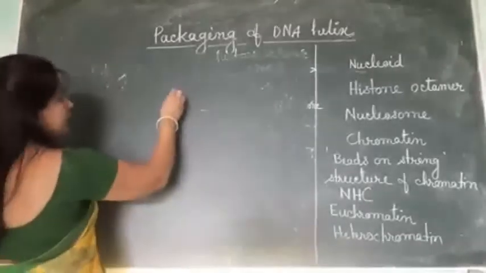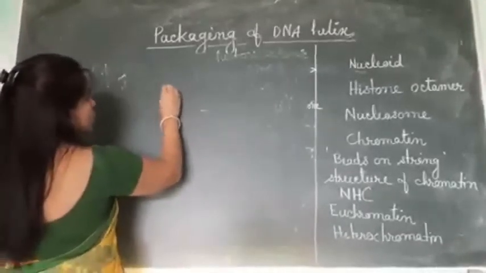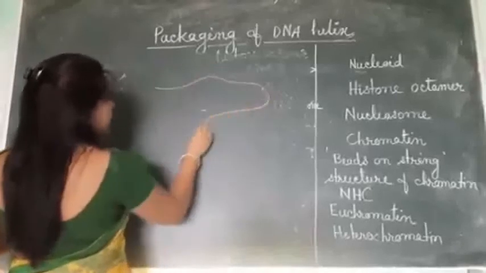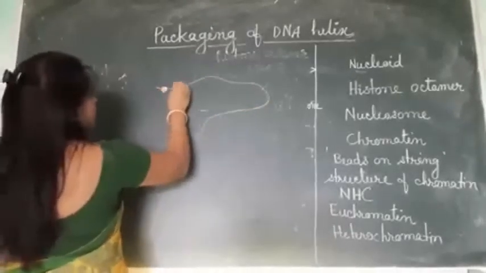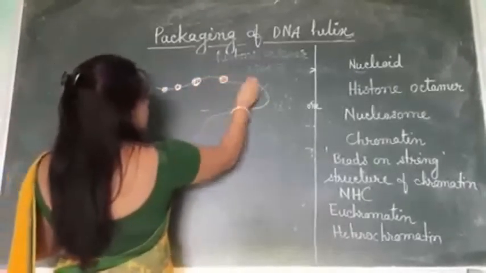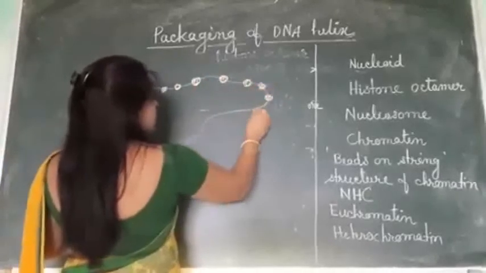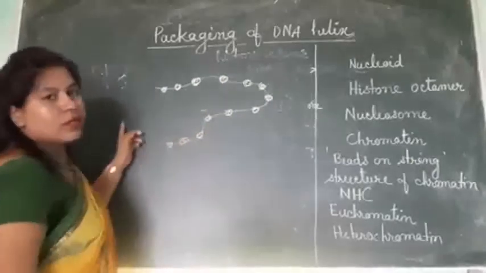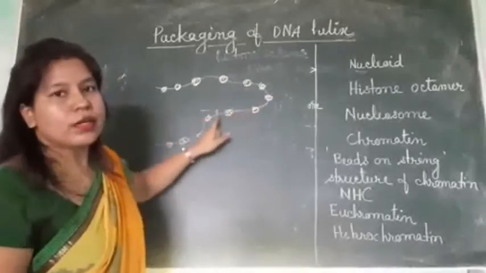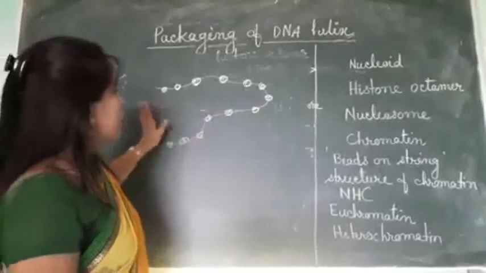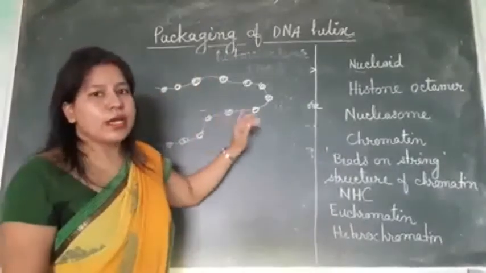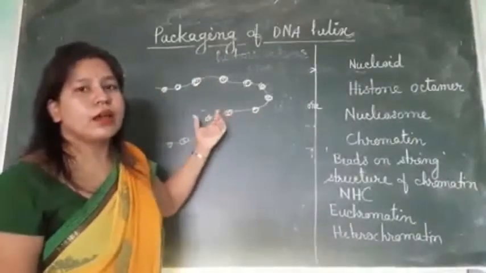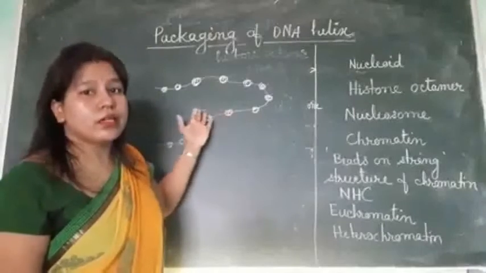See, in the nucleus, the nucleosome forms repeating unit. The nucleosomes constitute repeating unit inside the nucleus to form a thread-like stain structure. Stain means when we use specific dye, then this structure will take color. It will take stain.